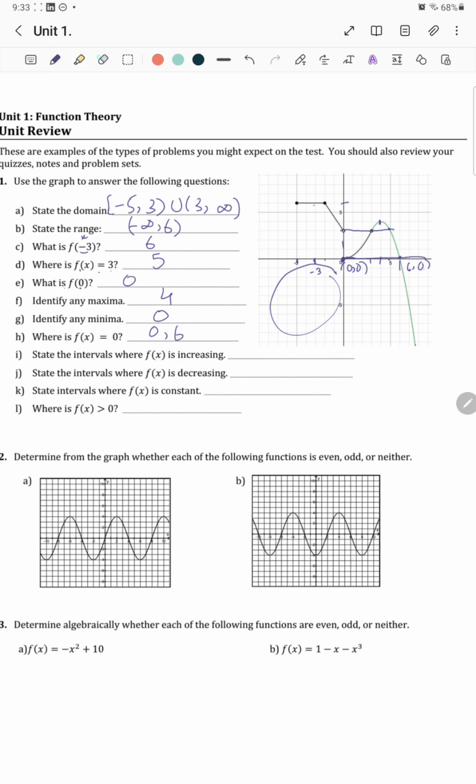F of x is increasing. Okay. Now f of x is increasing from here to here, from 0 including to 3 excluding, union 3 to 4.